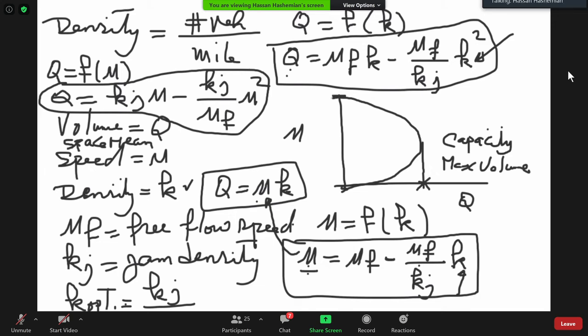This is going to be your free flow speed. And this is going to be your optimum speed. So the same way, mu optimum is equal to mu F divided by 2. So these are the relationships between mu and K, Q as a function of K, and Q as a function of mu.